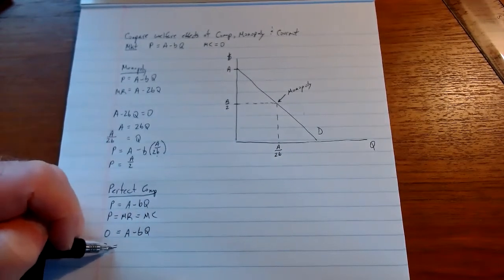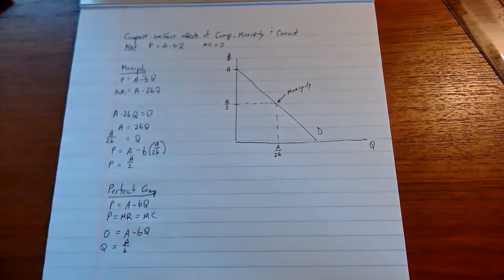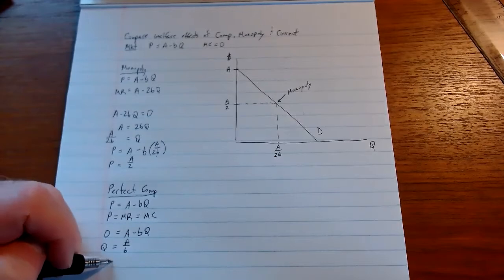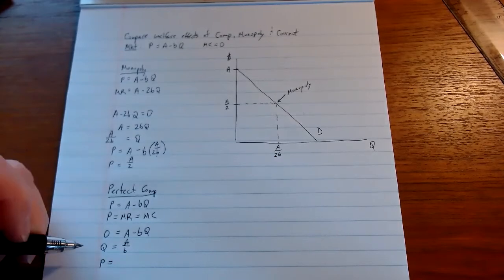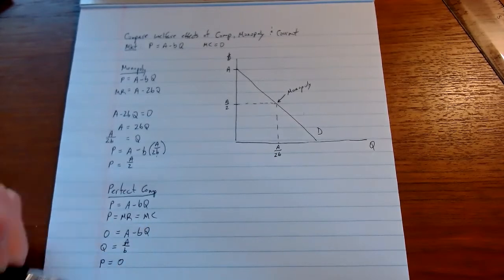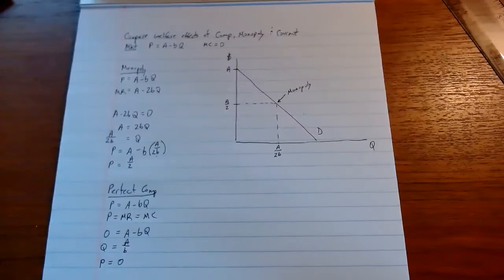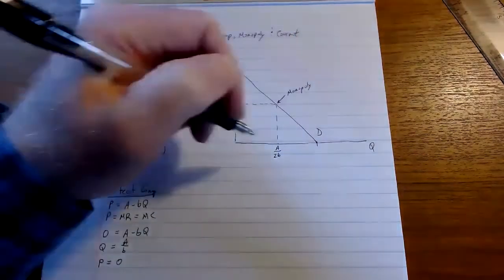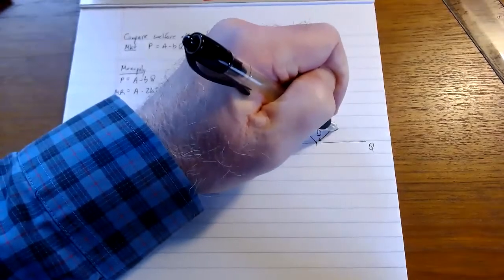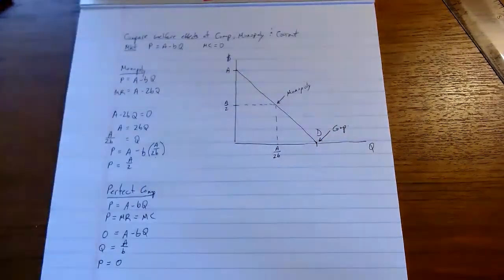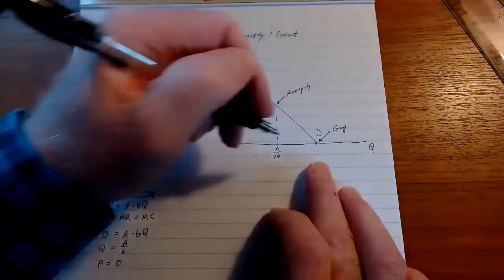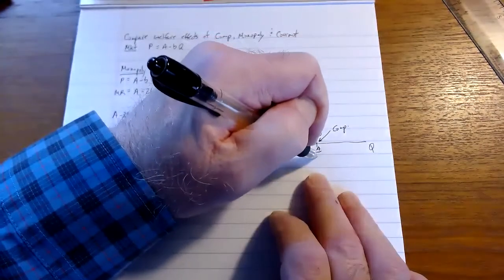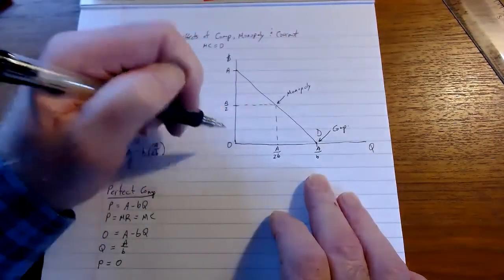Solving for quantity, we get A over B. Okay. And the price then would be, well, marginal cost, 0. And so this point is where the competitive equilibrium would be, at a quantity A over B and a price of 0.